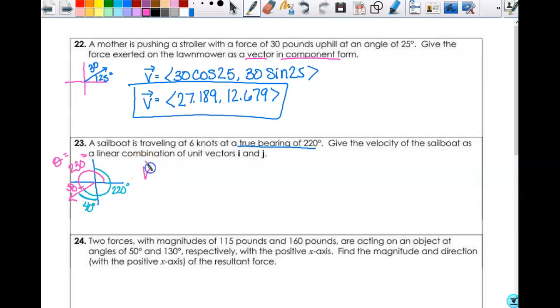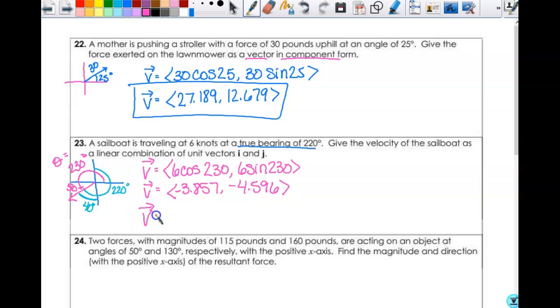So my vector is going to be 6 times the cosine of 230, 6 times the sine of 230. And then I type those both in the calculator, and that gives me the vector is negative 3.857, negative 4.596.